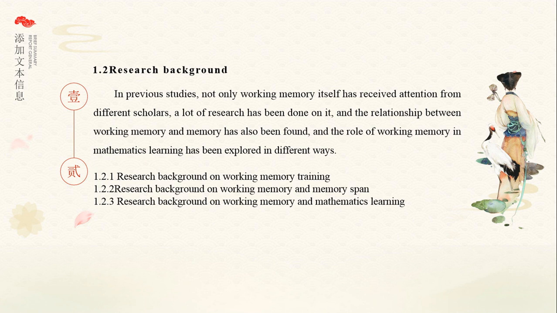I divided it into 3 parts. First, research background on working memory training. Second, research background on working memory and memory span. Third, research background on working memory and mathematics learning.